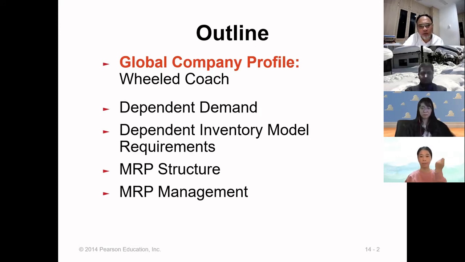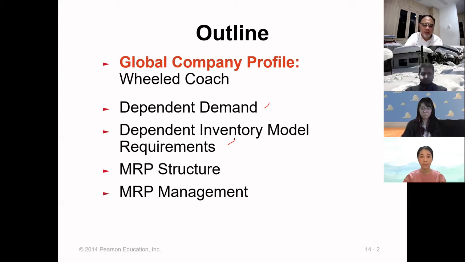So we're going to focus on dependent demand, things that you can plan ahead and how much you actually need. And this is the dependent demand inventory model requirement. So it's a planning tool.